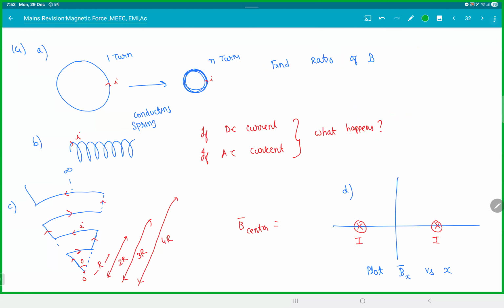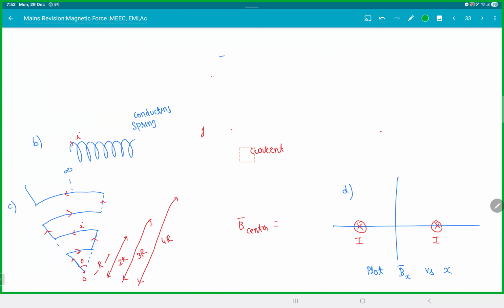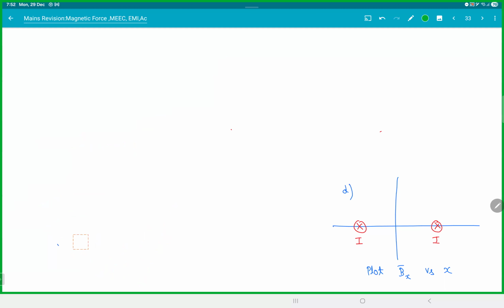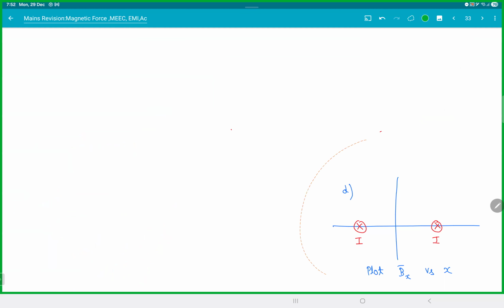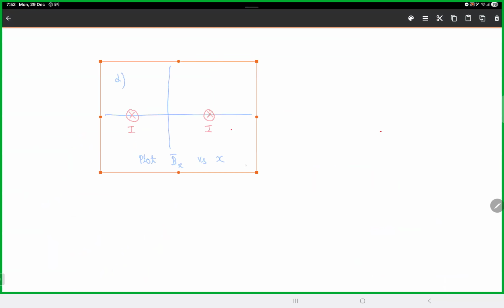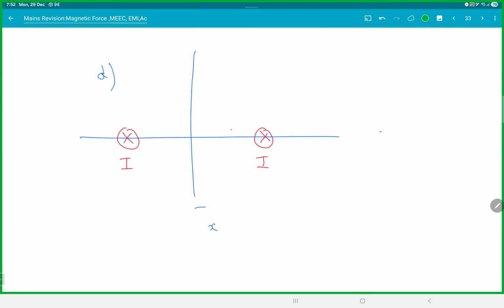What is the graph of the magnetic field for this one? So if you look at this current I, on the right-hand side it is down, on the left-hand side it is up.